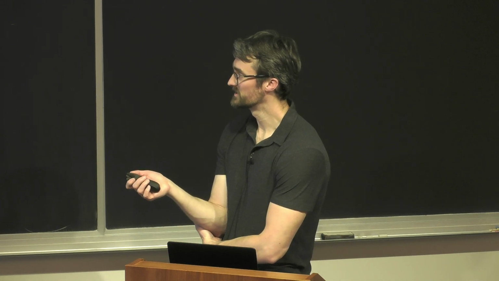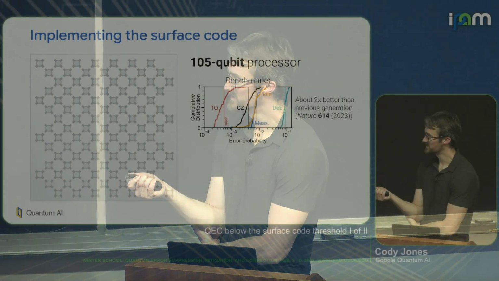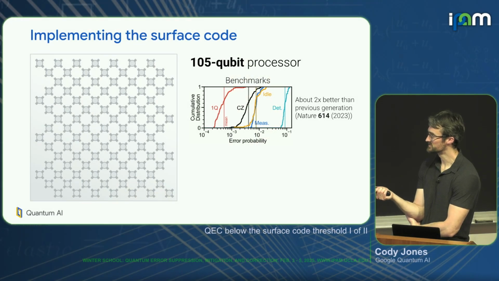Okay, so implementing the surface code. This again is a top view of our device. There are 105 qubits. If you're curious, each row is 7, and there are 15 rows. What we've shown here is a summary view of the error rates in this system.